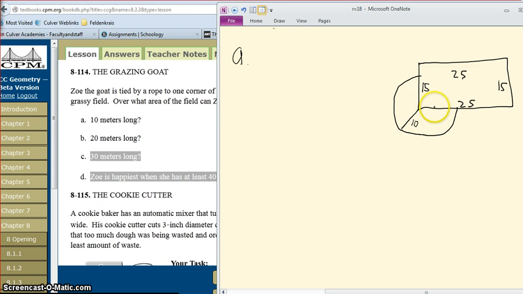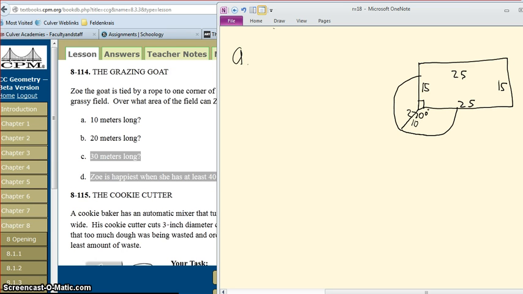Okay, so as you can see, we have a sector now. Since this is 90 degrees, this sector is going to be 270 because 360 minus 90. That's going to be 270 degrees left. So, as we did last night with those sector problems, let's just take the area.